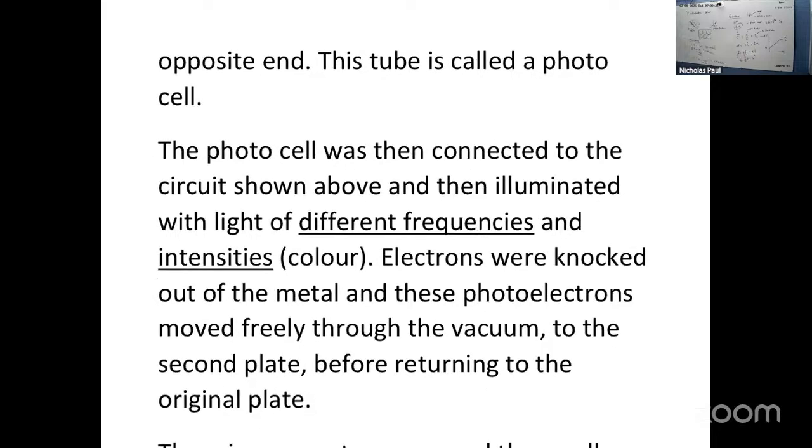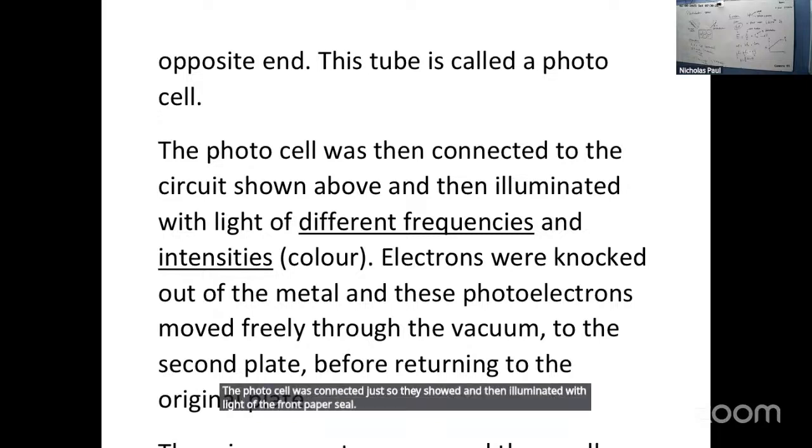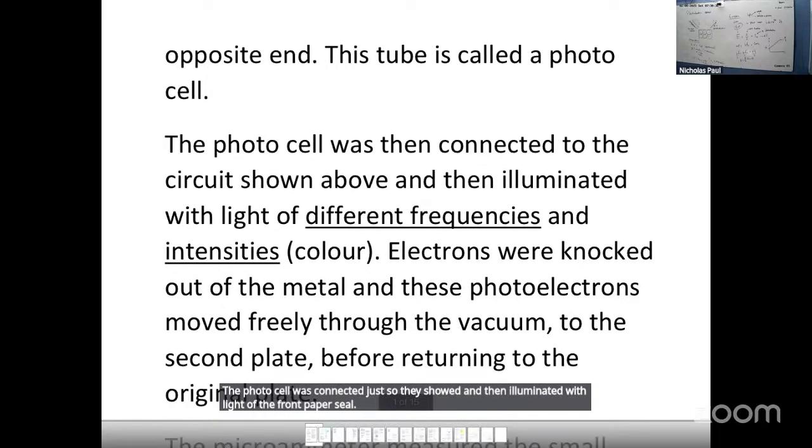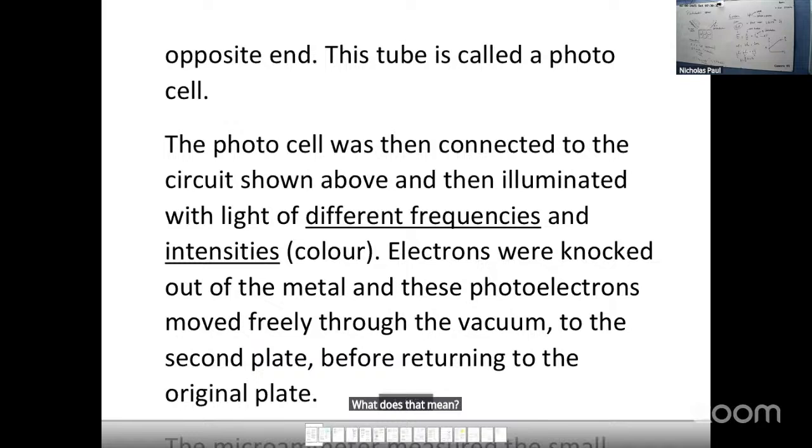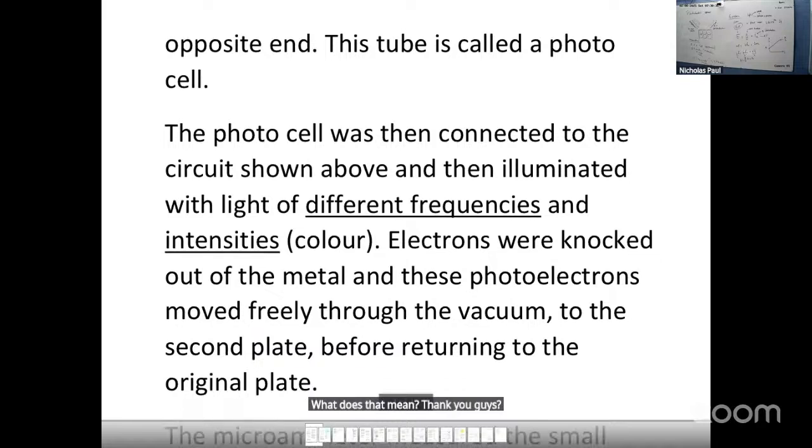The photocell was connected to a circuit as shown and then illuminated with light of different frequencies. Different frequencies mean different what? Different energy values, right?